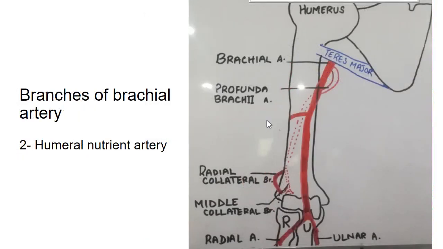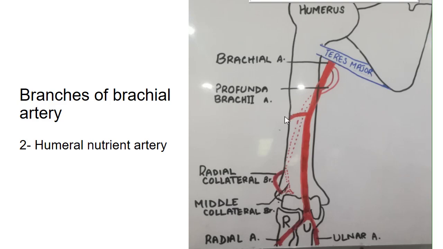The second branch arising from the brachial artery is the humeral nutrient artery. This small branch is termed the humeral nutrient artery. It arises around the middle of the arm and enters the nutrient canal on the anteromedial surface of the humerus.